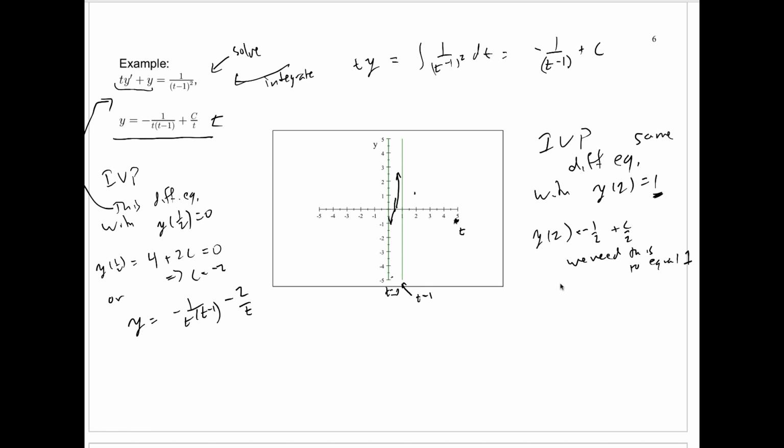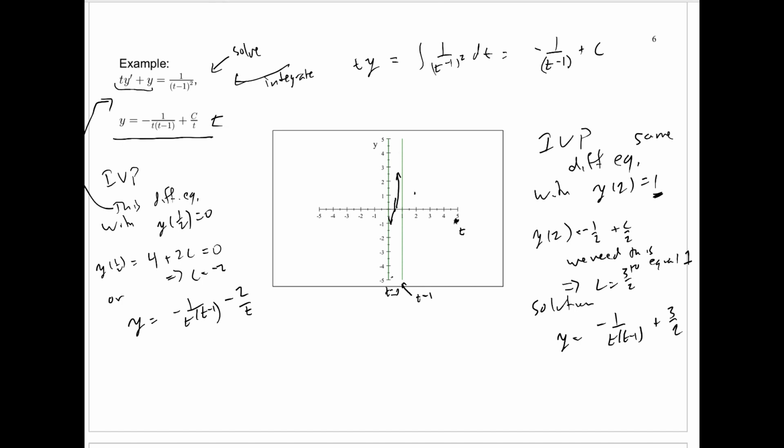And it's easy to see that that implies c equals 3/2. So our unique solution is y equals minus 1 over t times t minus 1 plus 3/2, and we get the following solution.